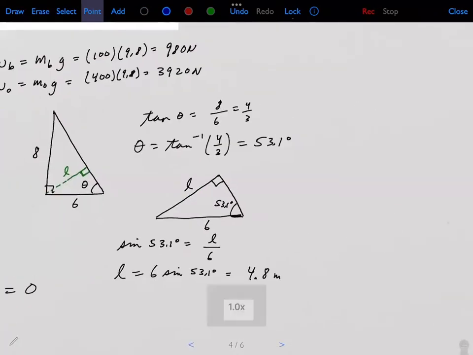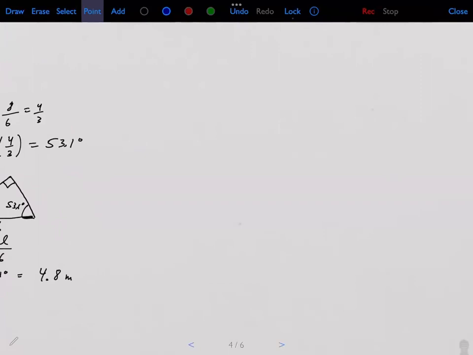Do I have more room here? I guess I can do it over here. So this tension, I'll draw it out again. It was acting in the second quadrant like this. Right, this is a tension.